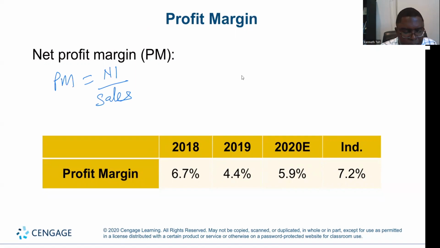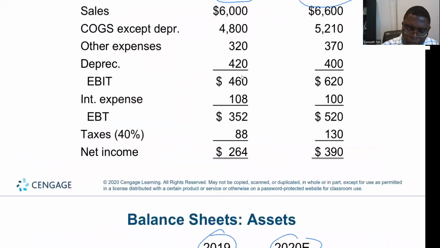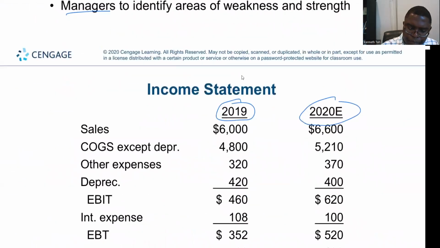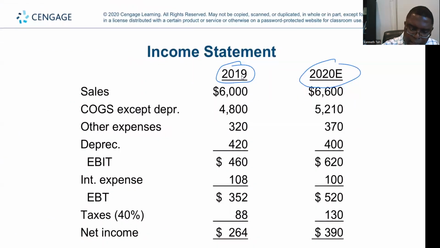In calculating this, we are going to go to our financial statements and look for net income and sales. If we go backward to the income statement, I can see here that for 2020 sales is 6,600.